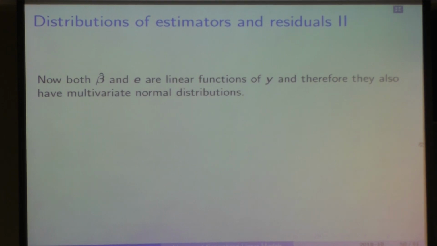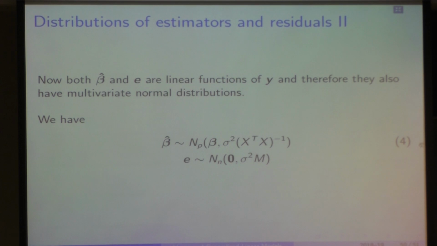Now, beta hat, the estimates of the parameters, and E, the residuals, are both linear functions of y. So beta hat is defined by that one, and E is defined by that one. Normality is preserved by linear functions, so they also have multivariate normal distributions. And we can work out what the distributions are.